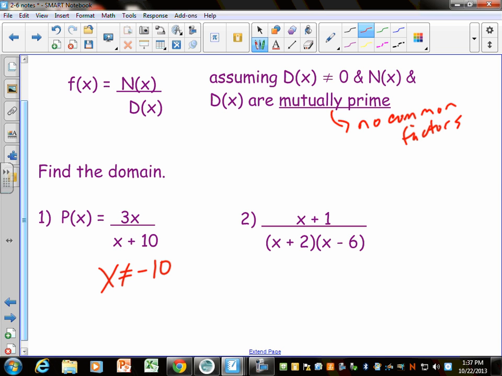And remember, there's 2 ways to write this. You can write it in set notation, which is where you make the little squiggles. You draw the line, you write x. Right? Remember that? Or you can write it in interval notation. How would I write the interval of every number but negative 10? Colton?